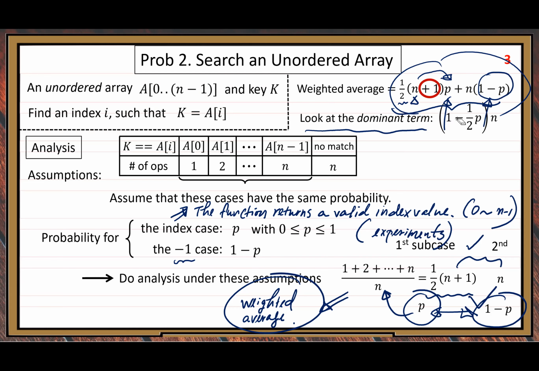So the leading term is (1 minus 1/2 p) times n. That's the leading term. From this leading term, we can see it's a linear function. That's why we call this search algorithm linear search.